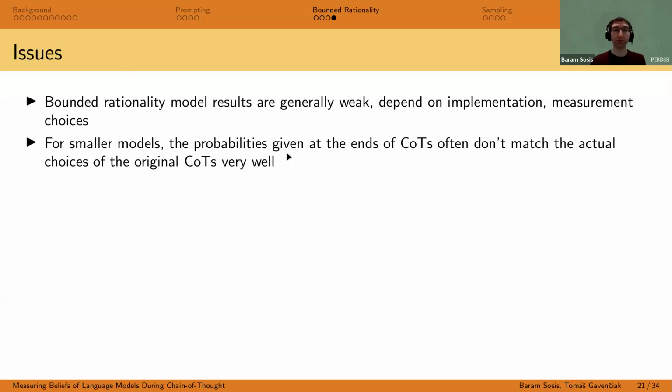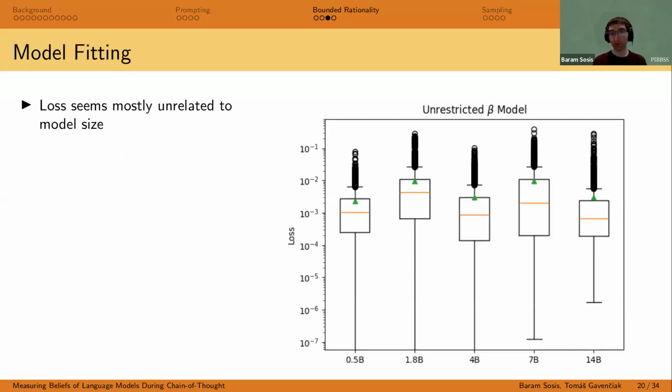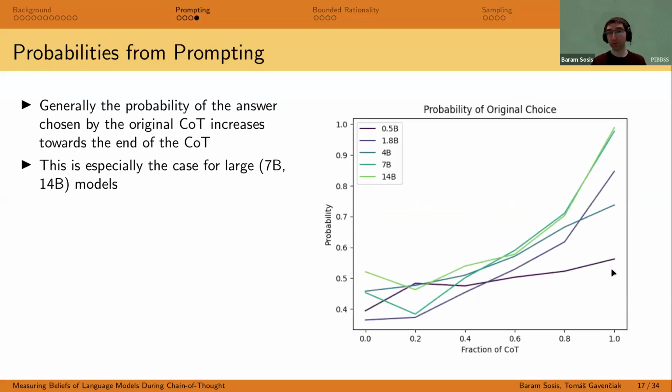One other problem with getting probabilities from prompting the models is that if we go back a few slides to this plot, you can see that over here, the smaller models, even at the very end of the chain of thought, don't do a very good job of picking the answer that the actual chain of thought gives, right? So I'm not sure these are very reliable for the smaller models.